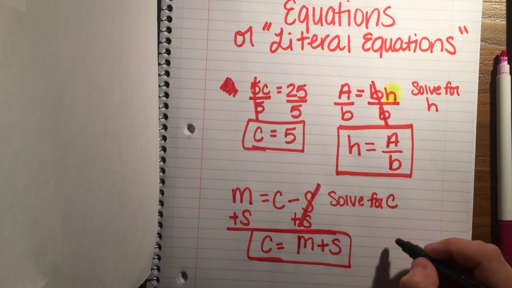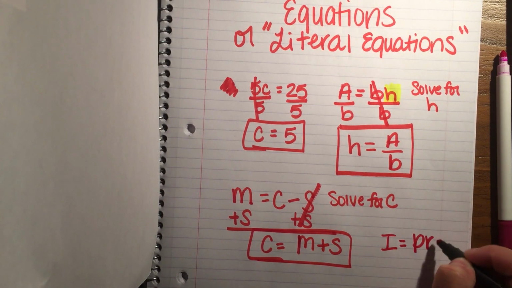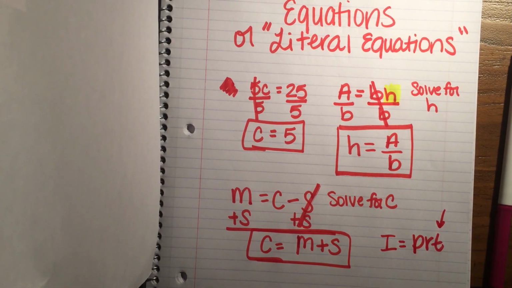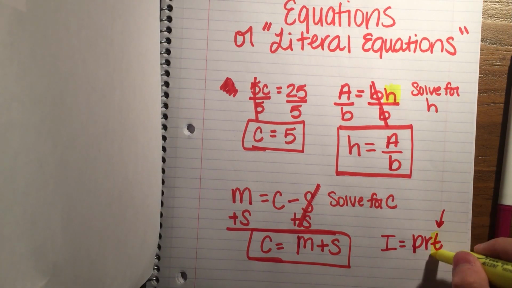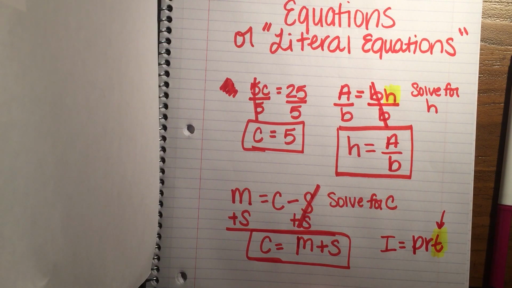One last one. If I have I equals PRT, and I want to solve for t, I'm going to tape it down with my tape highlighter. It can't move anywhere. But I have p times r, and I want to separate it from t.